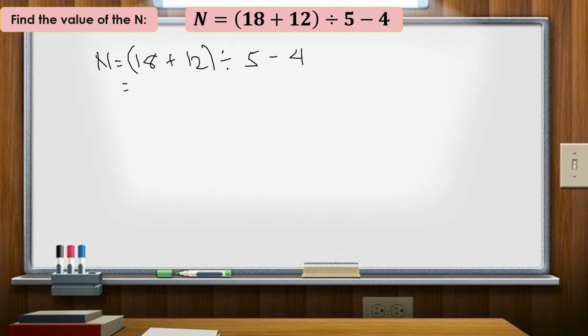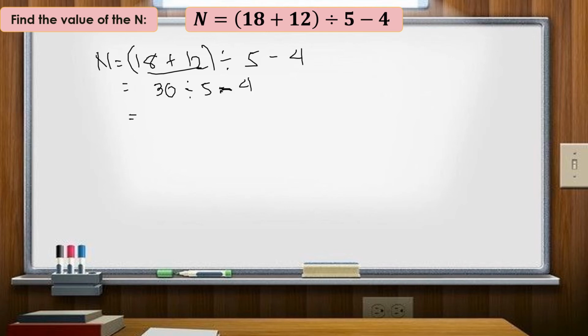You may say, teacher, there is a division, no? I said a while ago in the first part that if there is a parenthesis in the given, just like this, open and close parenthesis, you must perform it first. So 18 plus 12, that is 30, and then divided by 5, minus 4.